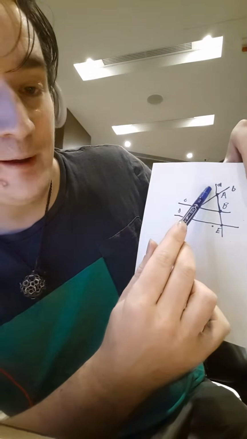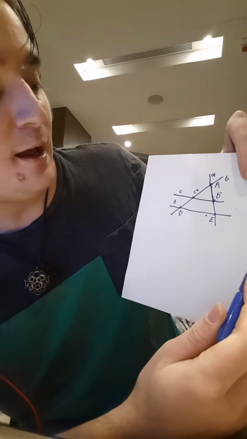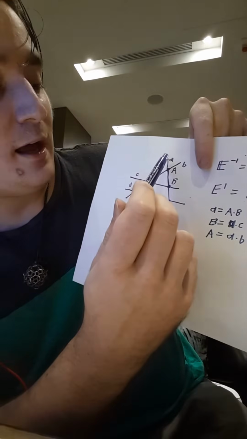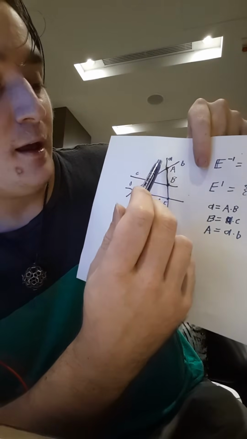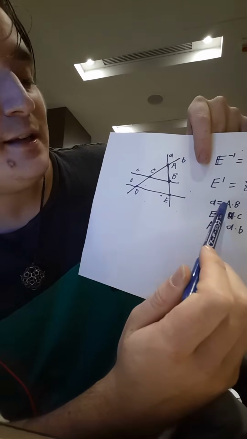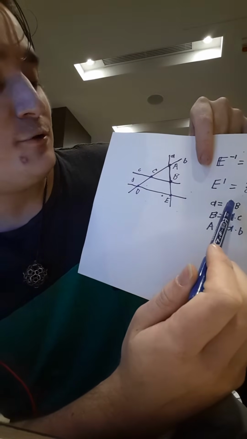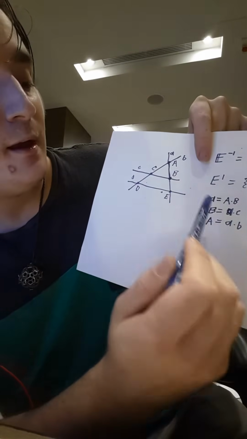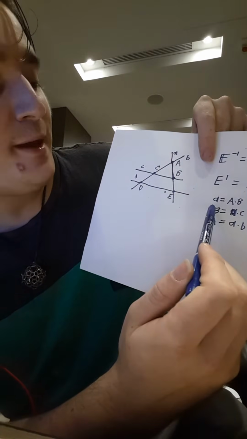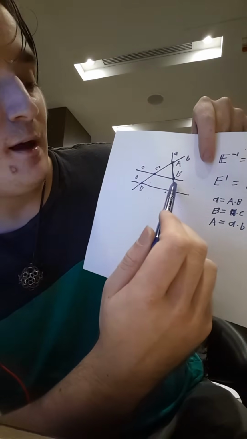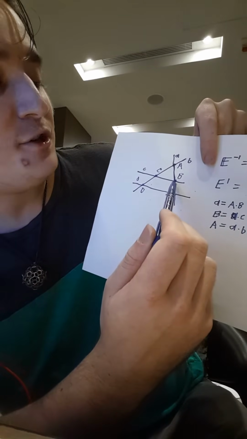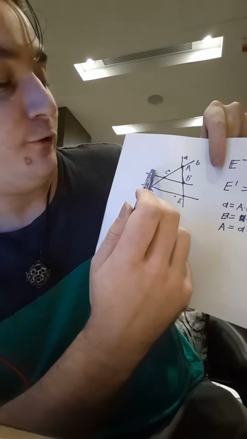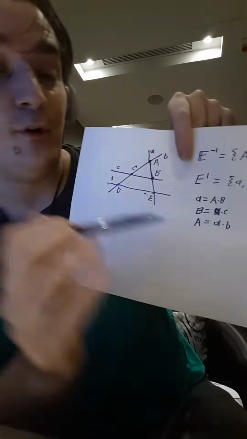There's our line little a, and we're writing it as capital A dot capital B, because it's this line which goes through capital A and capital B. We've got that capital B, that's this point here, well, that lies on the intersection of line little a here and line little c here, and so forth.